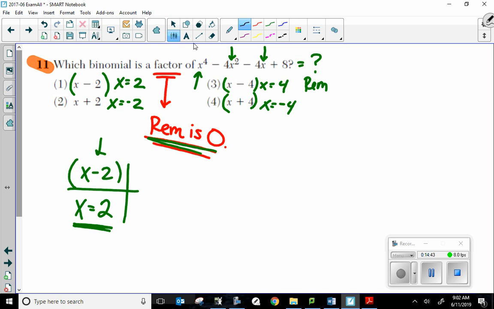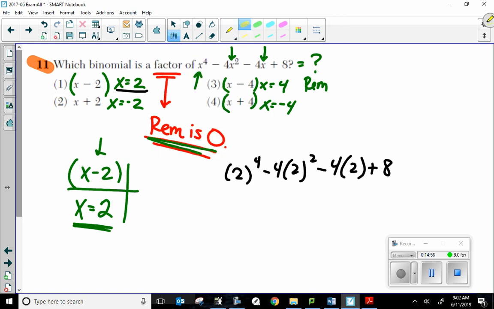Let's take this and start with 2. I'm going to plug it in for all these x's. It's 2 to the power of 4 minus 4 times 2 squared minus 4 times 2 plus 8. Okay, all I did was put in a 2 for each one of these x's. Bang, bang, bang. All right, let's do this math. 2 to the power of 4 is 16, minus 4 times 2 squared is 4, is 16, minus 4 times 2 is 8, plus 8.